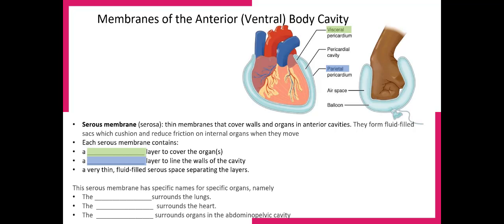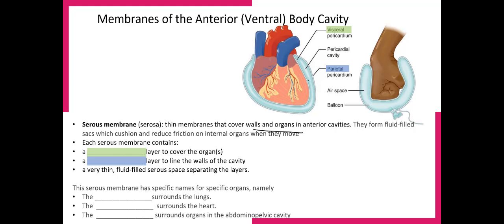And then the last slide is the membranes of the anterior or ventral body cavity. A membrane is basically a thin layer. The serous membrane, or the serosa, is thin layers that cover the walls and organs in the anterior cavity. So that contains most of your body's organs, with the exception of your brain and your spinal cord.